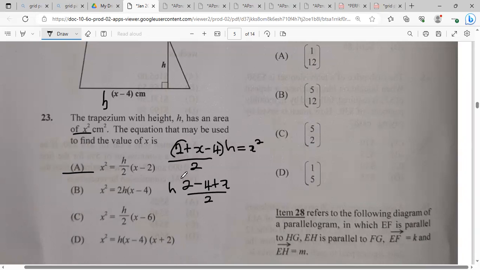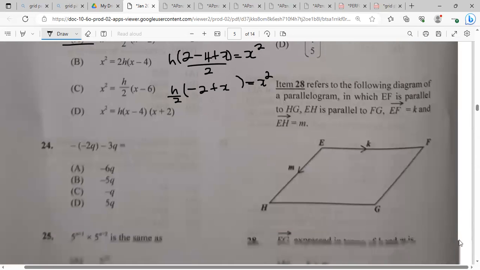So this now works out to negative 2 in the bracket, so it's negative 2 plus x, and then we have the h over 2. And that equals x squared. Turning it around, x minus 2 is the same value. Very nice question.